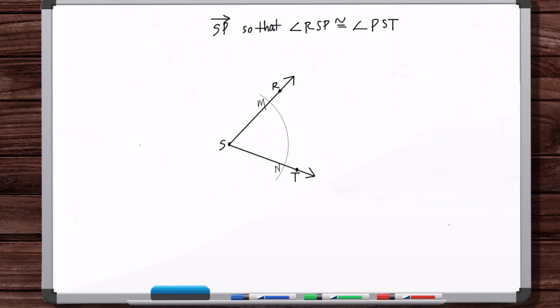Okay, next we're going to take the compass and put the center at either one of these two points. We'll start here. Now we can change the radius to whatever we want, just something like this, but now we're going to fix the radius and draw an arc in the middle of angle RST, passing through this central region.